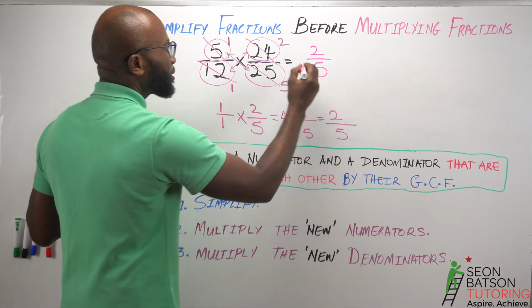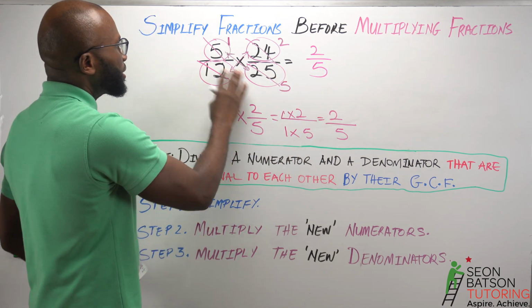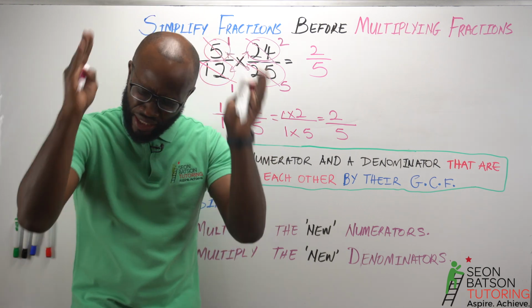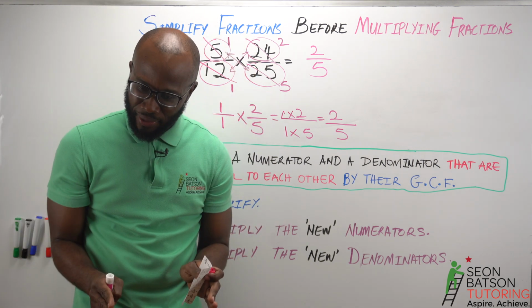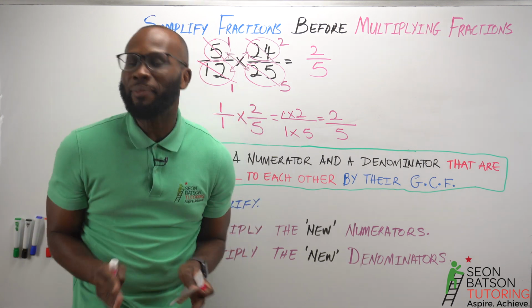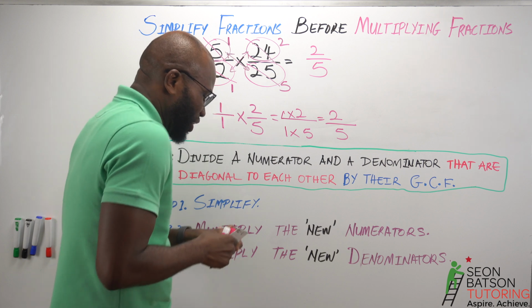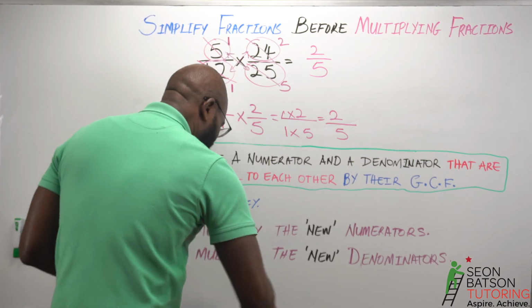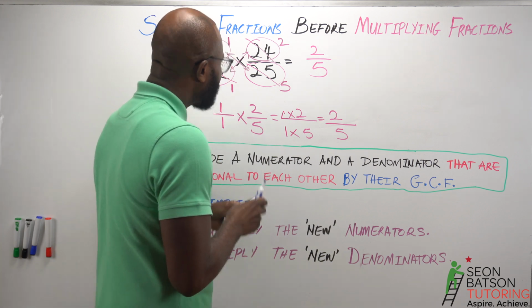Can you believe that? All these big numbers give us just 2/5. I know some of you are still not convinced that we should simplify before we multiply. Let me show you why, again, you should always simplify before you multiply.